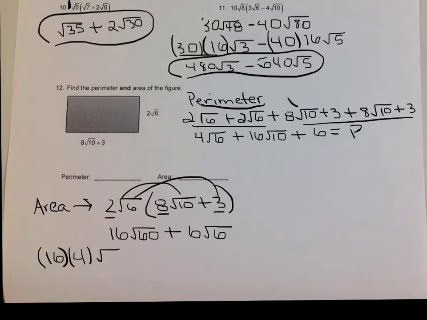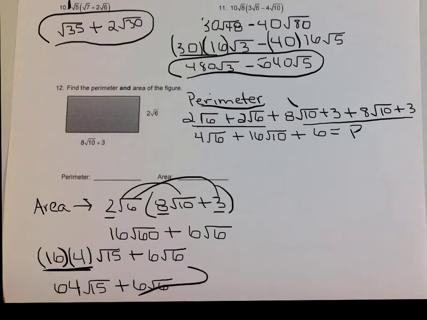And the square root of 15 stays. Plus 6 times the square root of 6. Then I combine what I have left to get 64 times the square root of 15 plus 6 times the square root of 6.